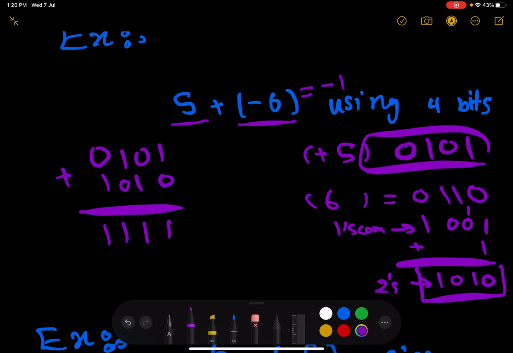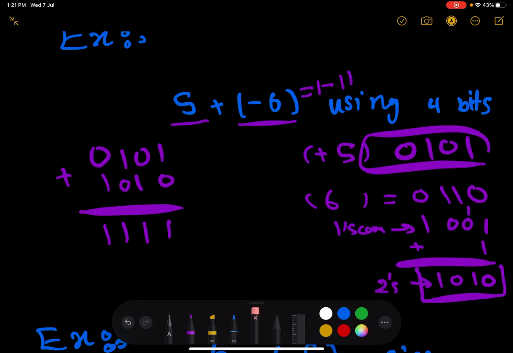And to double check, you can know if your answer is correct or not by finding the 2's complement for 1 and comparing the answers.